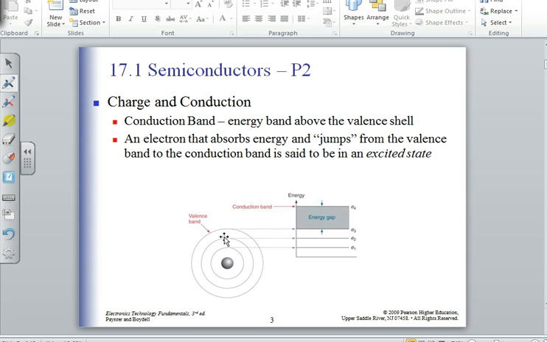So as I get further away, my energy becomes less, and I can free an electron up more easily as I get further away from the center of the nucleus of an atom. We call them conductive bands. The valence band is the last set of electrons around the nucleus of an atom.